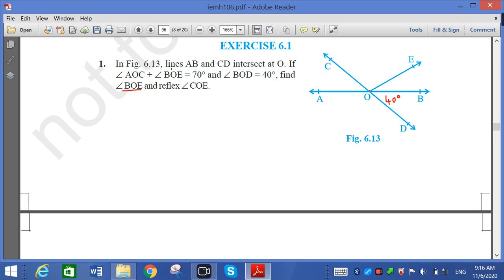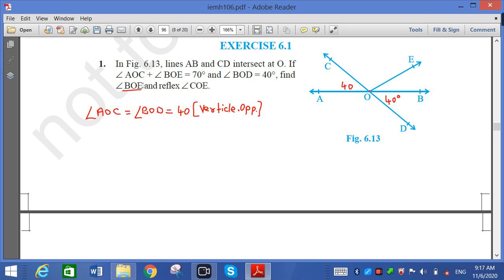First I write AB and CD intersect at O. So angle AOC is equal to angle BOD is equal to 40, vertical opposite angle. So here it is 40.